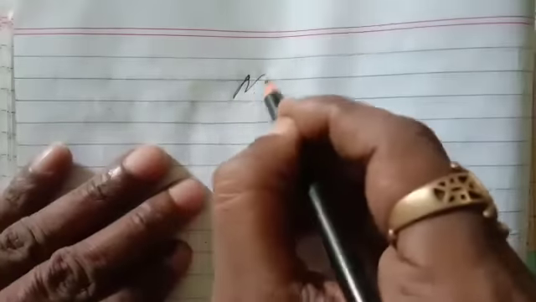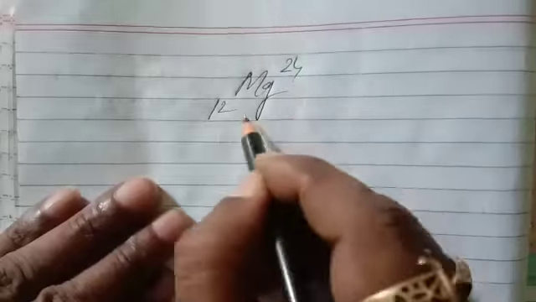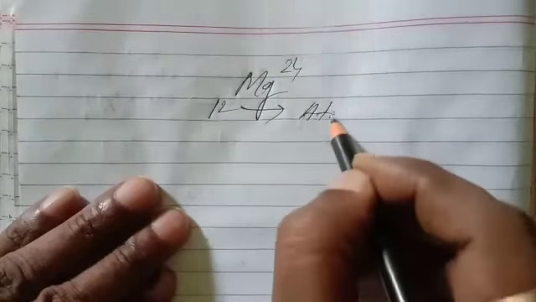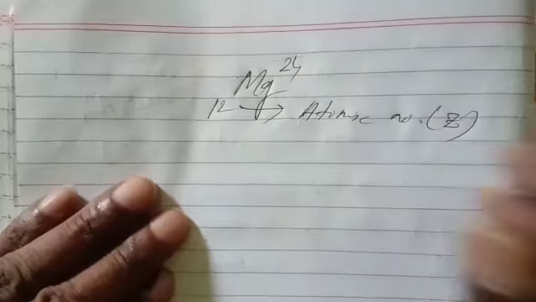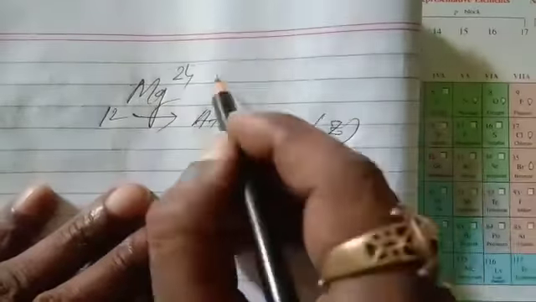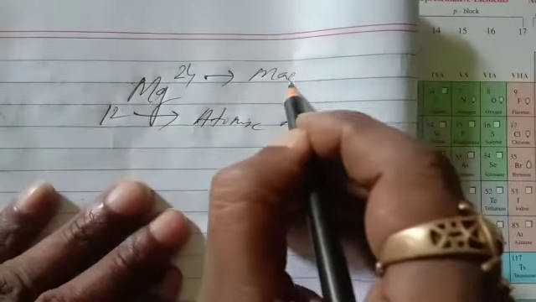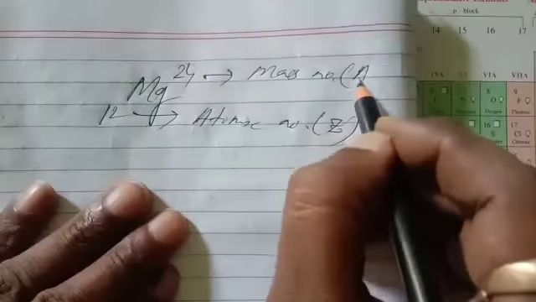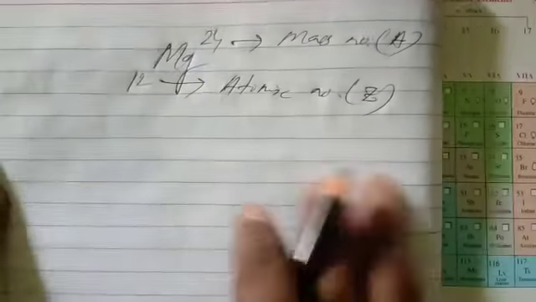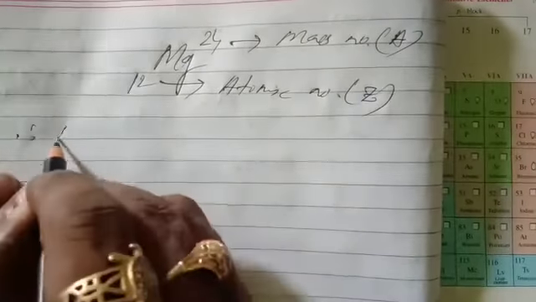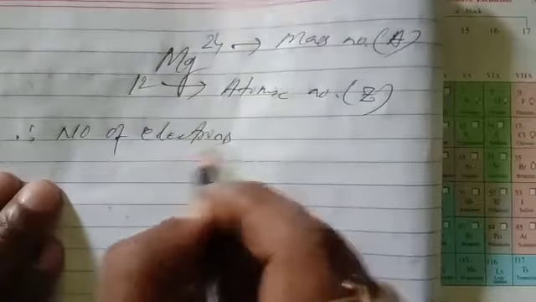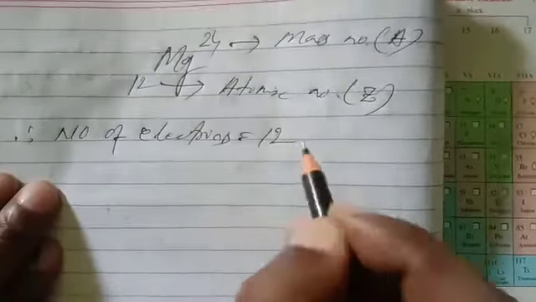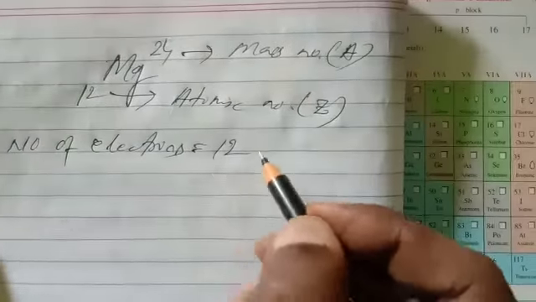Just see, magnesium atomic number 12, mass number 24. Just write here: atomic number that is denoted by Z is equal to 12 for magnesium, and 24 is the mass number denoted by A, capital A. So from this it is clear that number of electrons of magnesium will be how much? Number of electrons will be 12. Total number of electrons present in magnesium atom is 12.